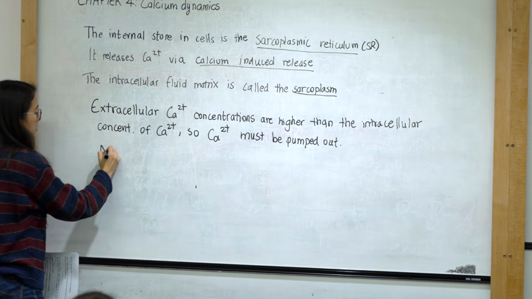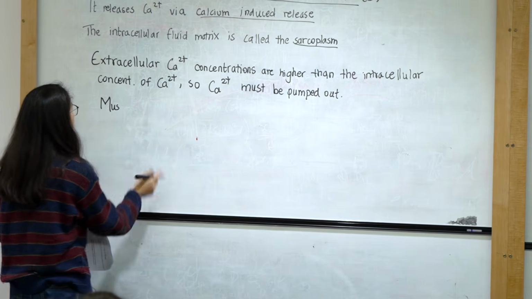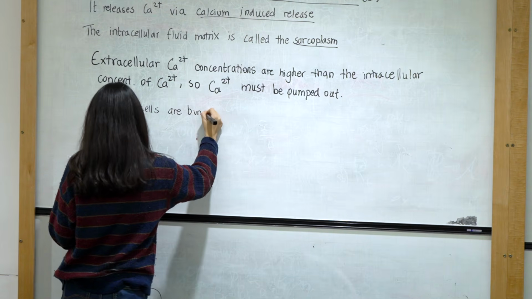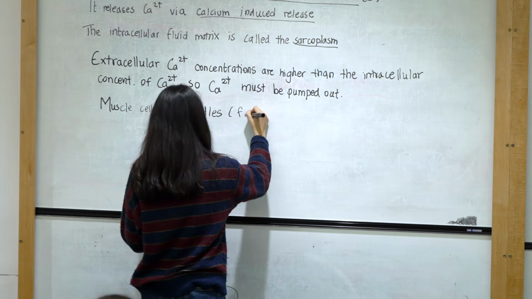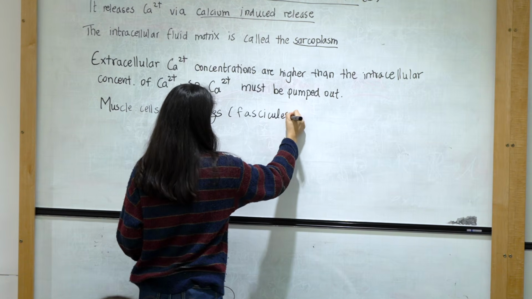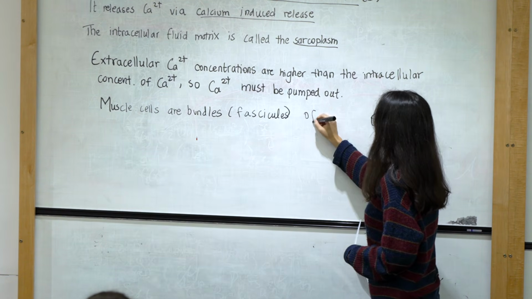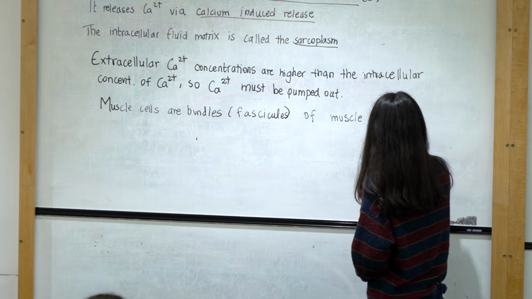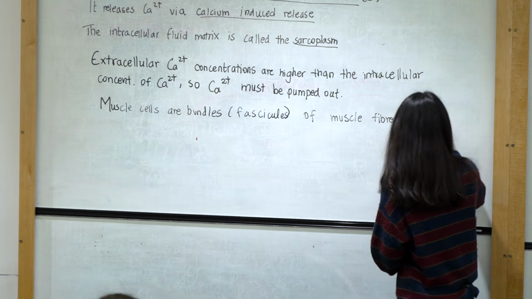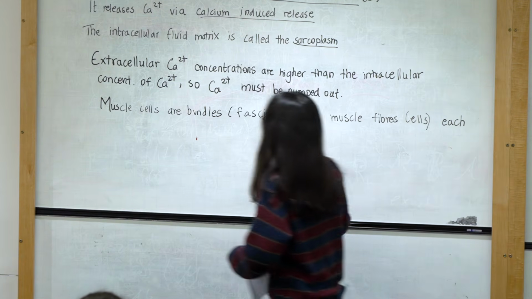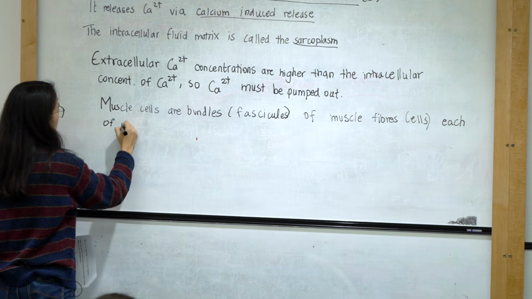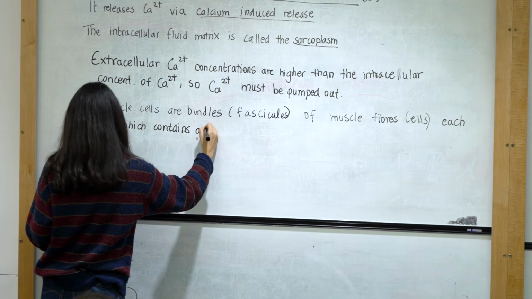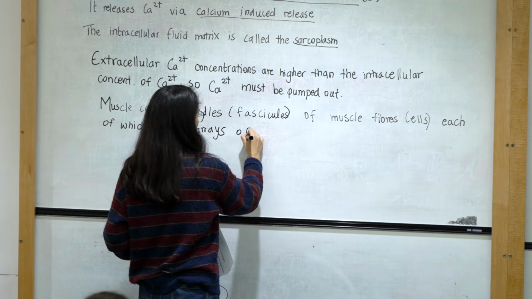So muscle cells, just to give you some more background, are bundles. These are called fascicles, and they consist of fibers, each of which contains arrays of filament structures.